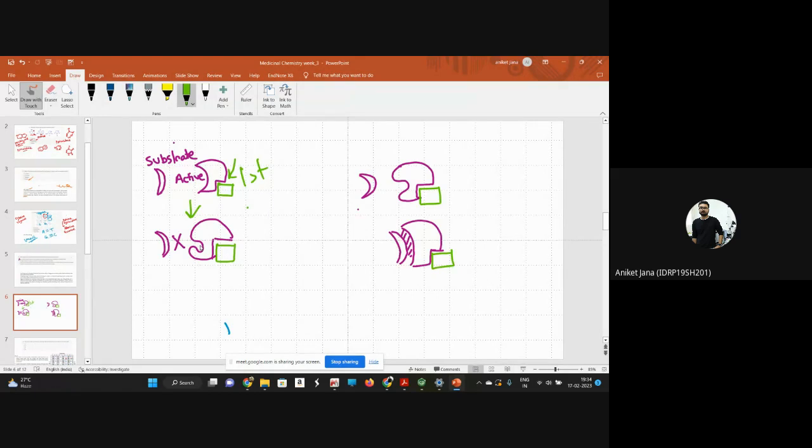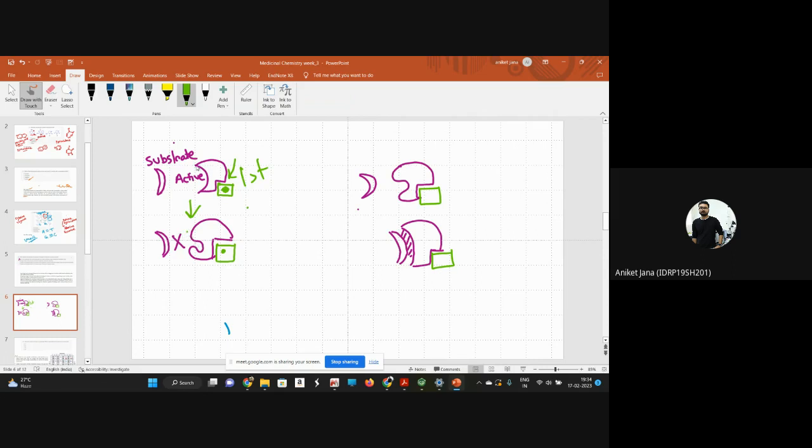Sir, could you repeat again? Yes. So let's suppose this is our enzyme, and there is one allosteric site and some molecule. Suppose this molecule is coming and binding to the allosteric site, and as a result, when it is bound to this site, the active site of this enzyme gets changed.